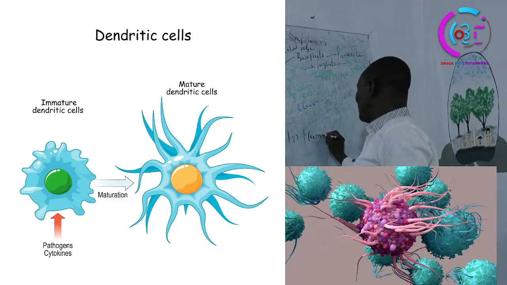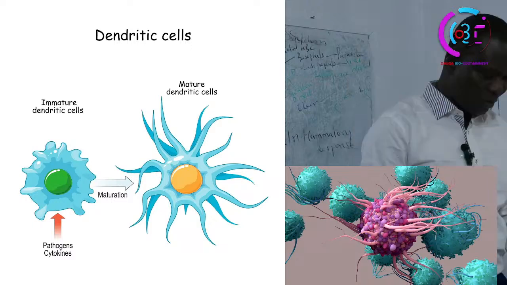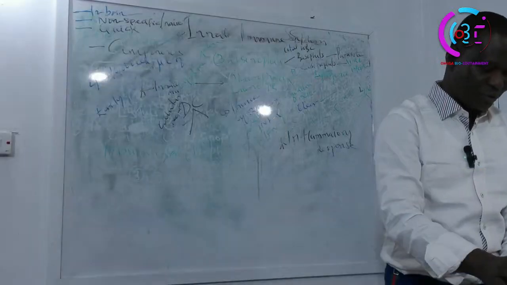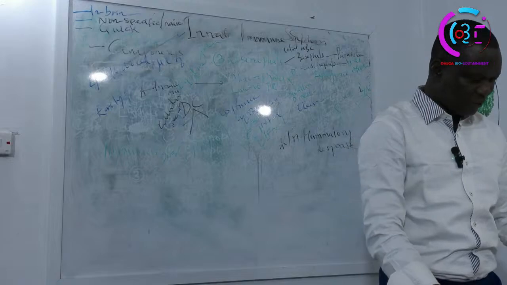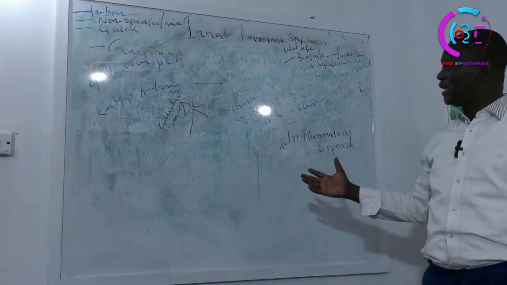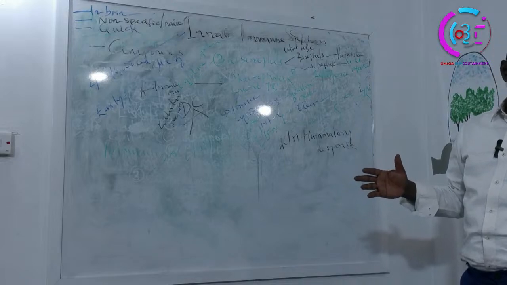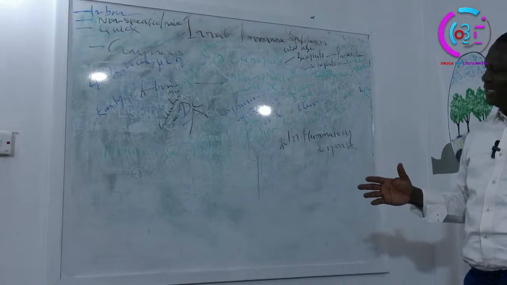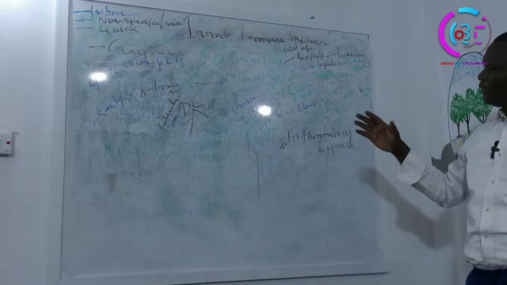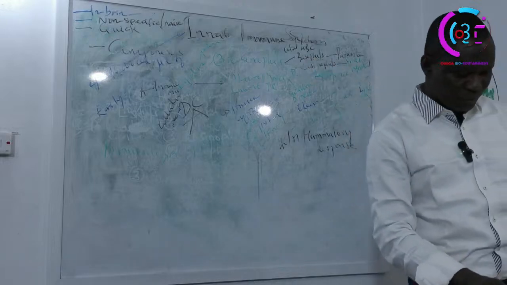So dendritic cells serve as a bridge, a link between the adaptive immune system and the innate immune system.